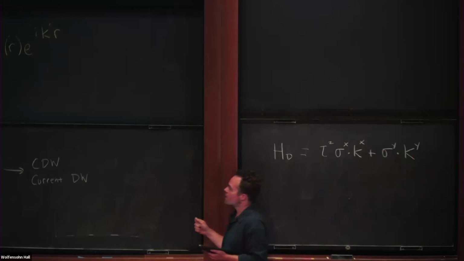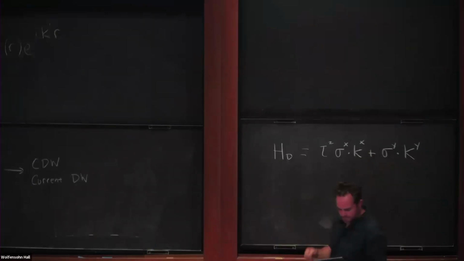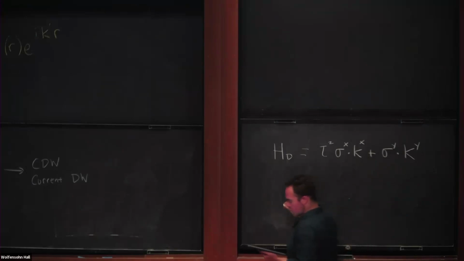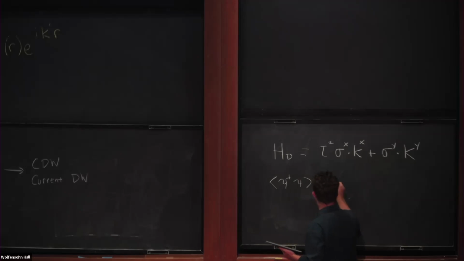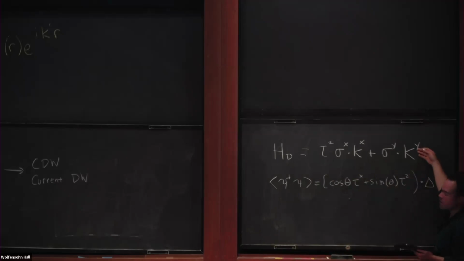And the Kekulé is a very special type. It's the unique type of intervalley coherence which actually gaps out the Dirac equation. So what do I need to gap out the Dirac equation? If I write this coherence as a general matrix of cos theta tau x plus sine theta tau z times some matrix in the sublattice space, and then I imagine you add this term to the Hamiltonian, what are the types of delta which are going to open up a gap?